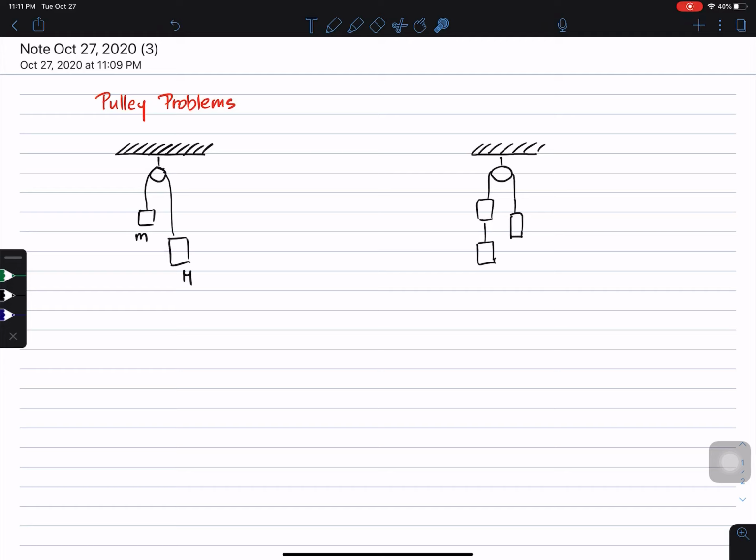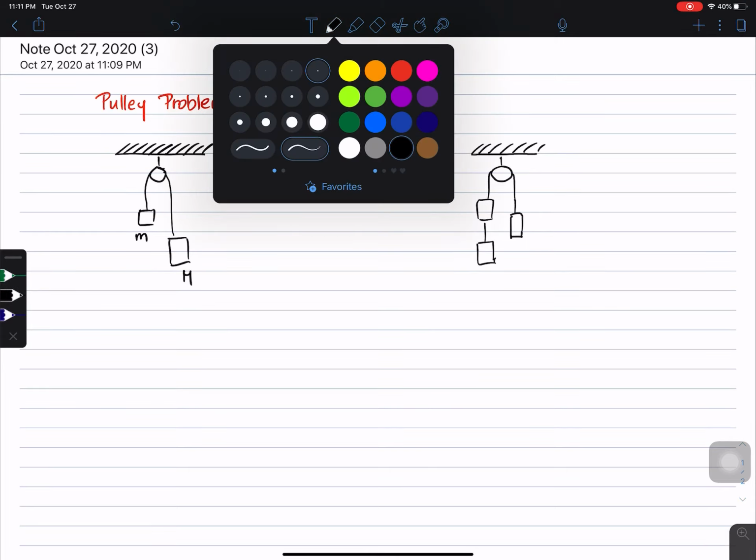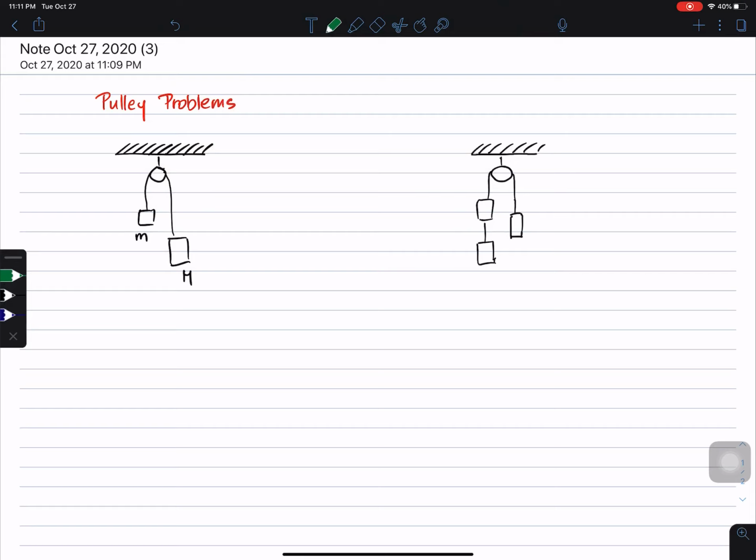So what do we do when we deal with a pulley question? The first thing we need to do is always to identify forces on all objects involved. So in this case, this object has Fg1 force, and there must be some tension there, which is created in that rope.